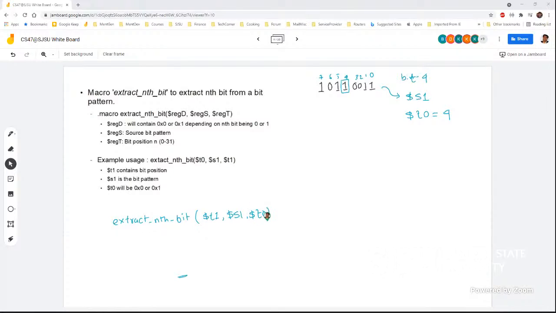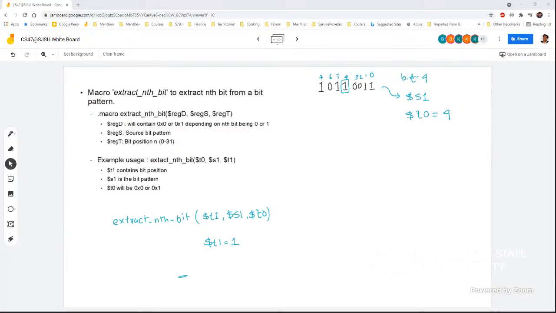So our expectation would be, after expansion and execution of that set of instructions, that T1 will contain 1 in this case, right? So that's the functionality. So far so good?